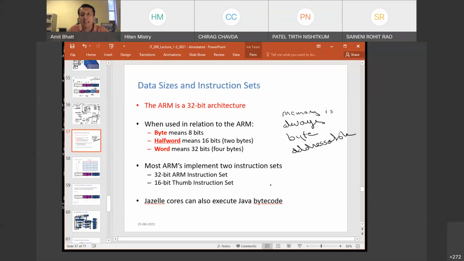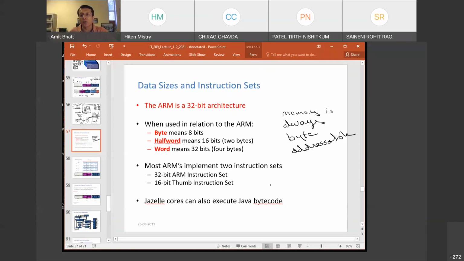Now it makes sense that if you are using only 16-bit memory and your instruction is 16-bit, then in just one go, you can bring in the whole instruction and use it. If you're using a 32-bit instruction, then you have to make two trips to the memory, and that takes time. So at that time, the 16-bit thumb instruction set meant a big deal.